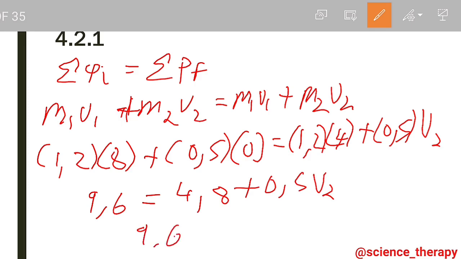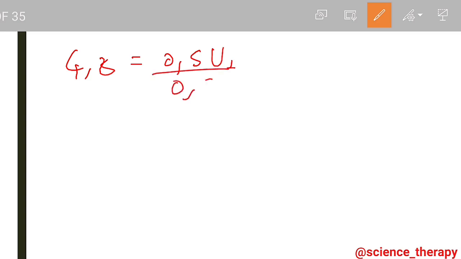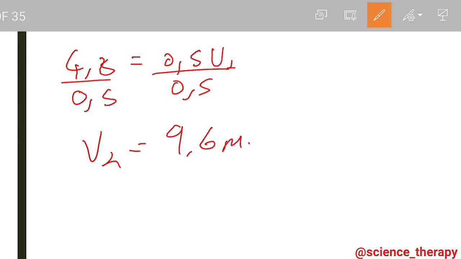Transpose the 4.8. Then 9.6 minus 4.8 is 4.8, which equals 0.5 v2. So we divide both sides by 0.5. Now our v2 is 9.6 meters per second.